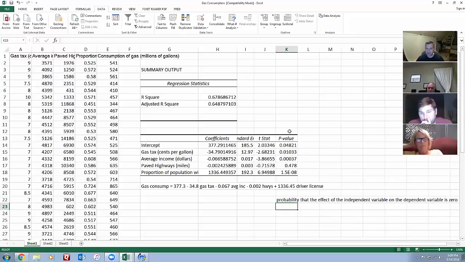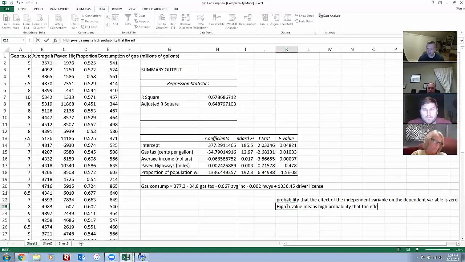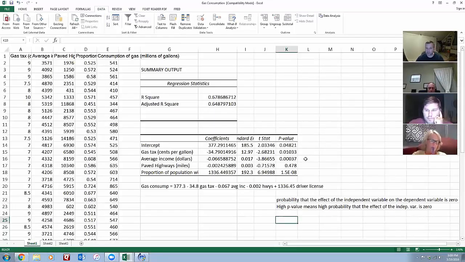I should write this out too. High p-value means high probability that the effect of the independent variable is 0. A high p-value basically tells me that the effect of the independent variable on the dependent variable is 0.